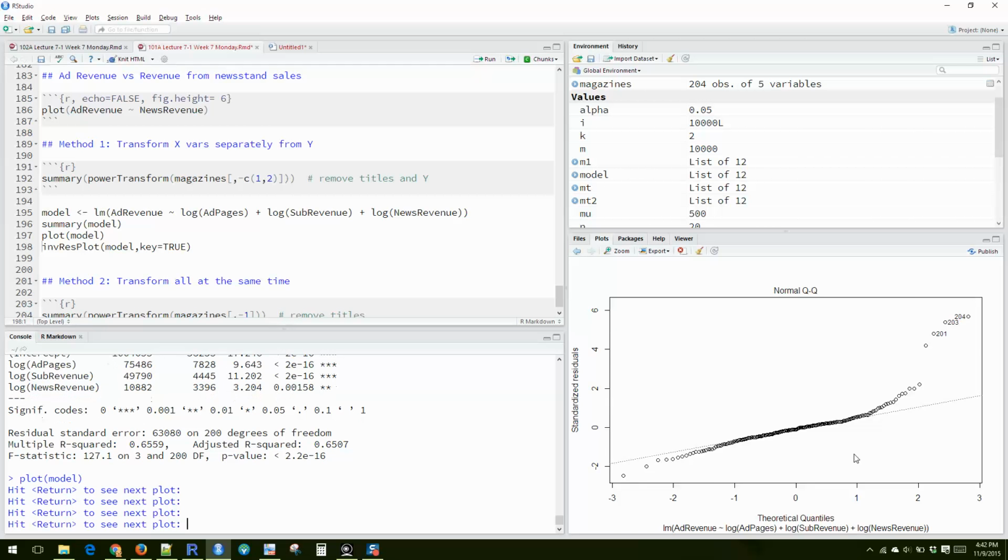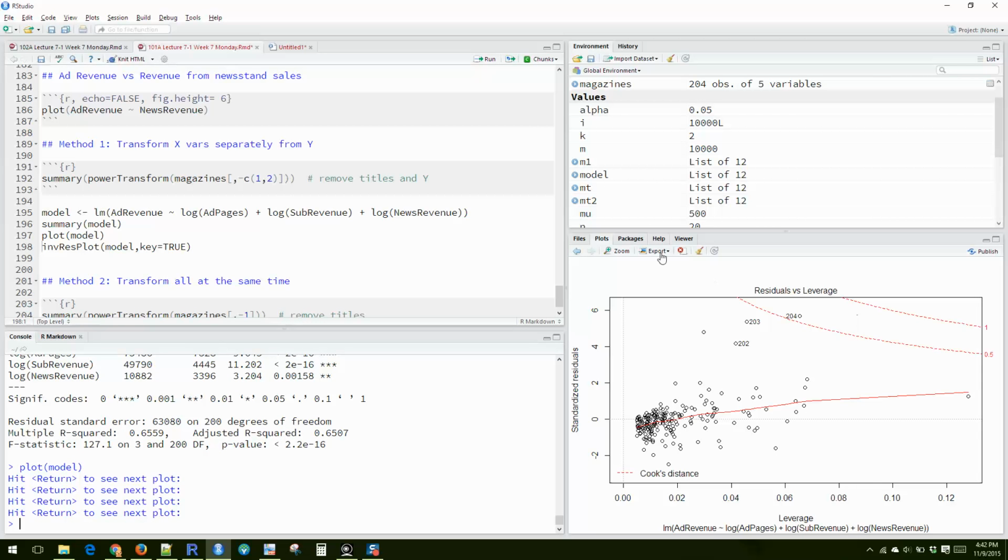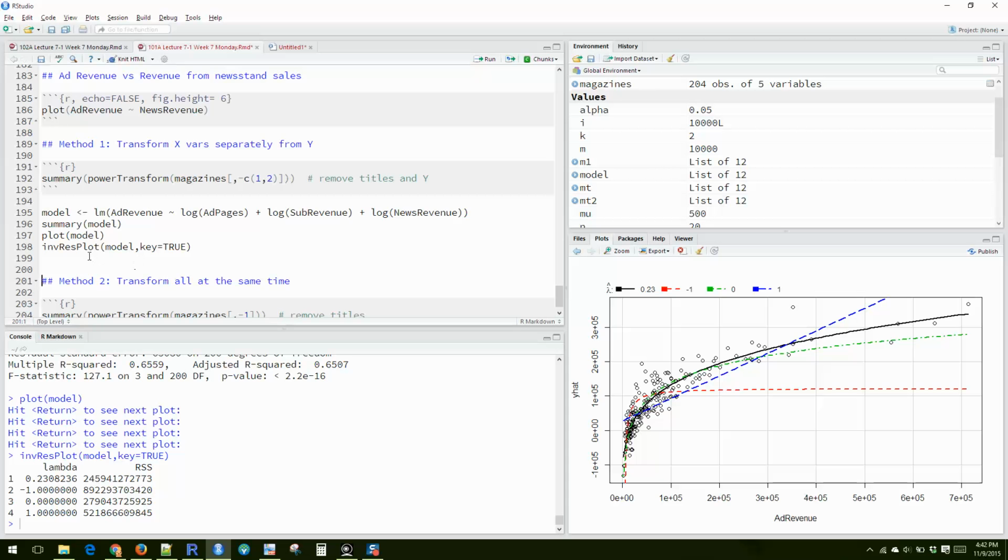So we're going to try transforming our y, and I do an inverse response plot of the current model where the x's are transformed but the y is not. When we do this, we see, okay, perhaps we should transform y. And this says use lambda equal to 0.23.